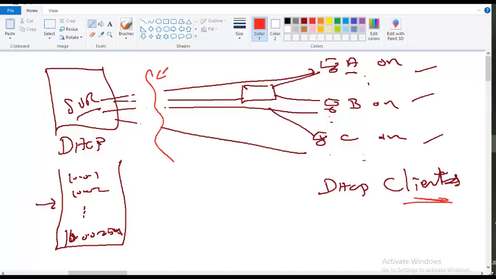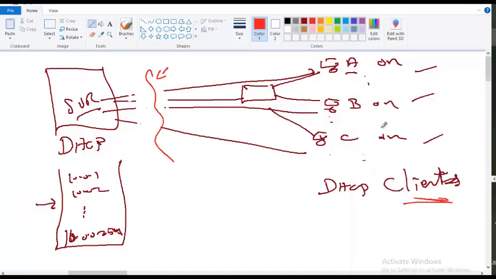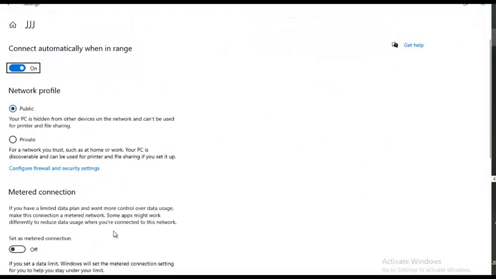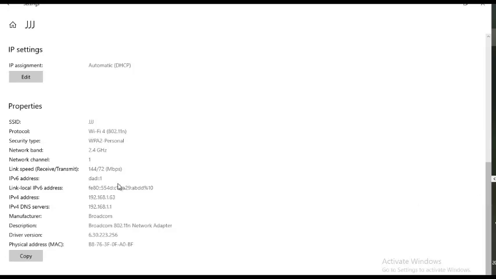When you go here, click on properties, and then you see there's an IP address, 192.168.1.63. This will not be there when you check.